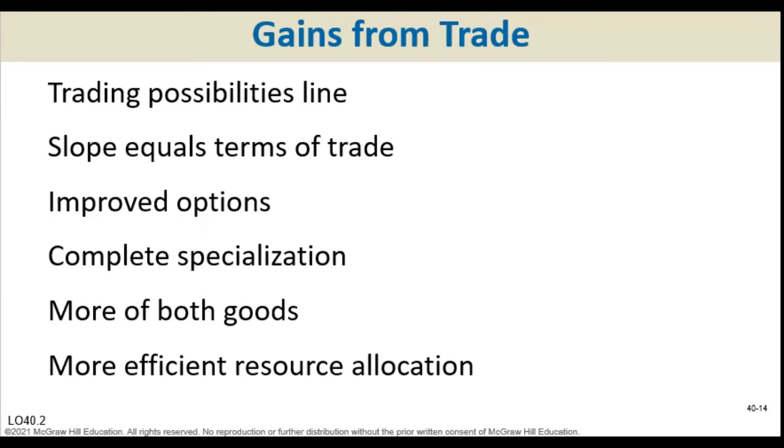So with comparative advantage, the nations have complete specialization, in which each nation only produces the good that it has the comparative advantage in, and then imports all the other goods for which it has a comparative disadvantage.